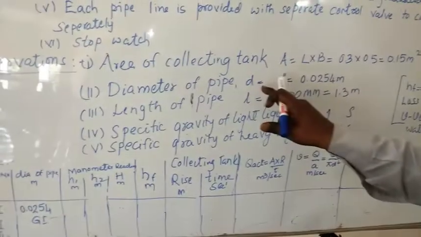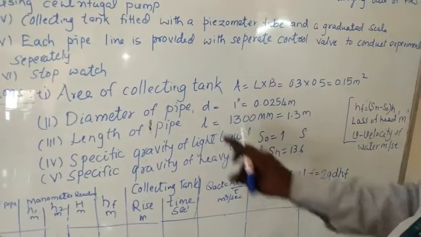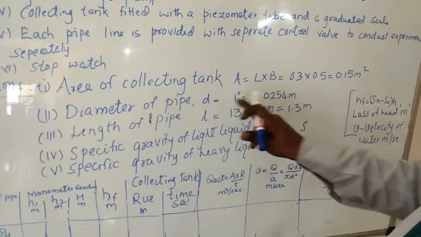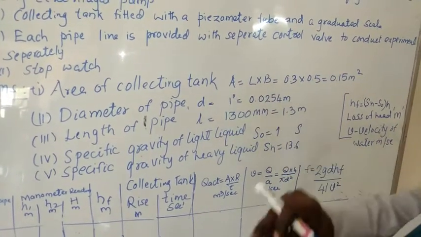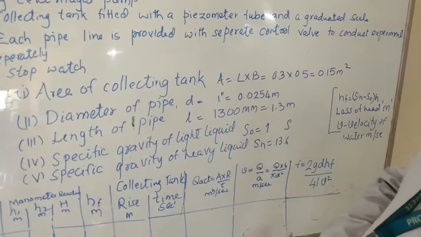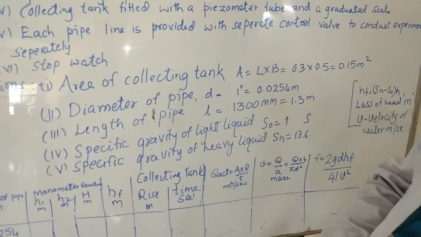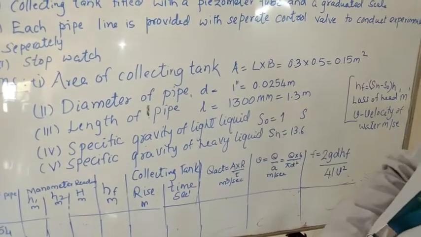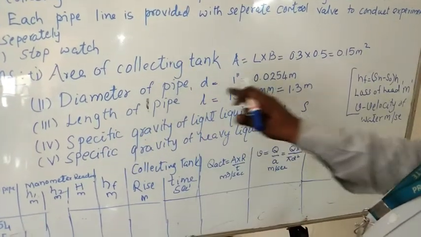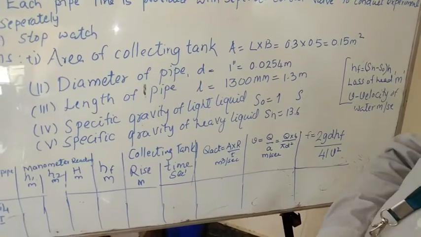The diameter of the pipe consists of different diameters. Now we are conducting the experiment on the 1 inch GI pipe, hence I have written D equals 1 inch, that is 0.0254 meter. Convert that into meters. The length of the pipe from inlet to outlet is 1300 millimeters, that is 1.3 meter.